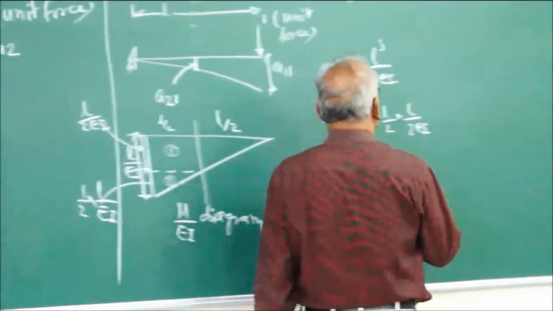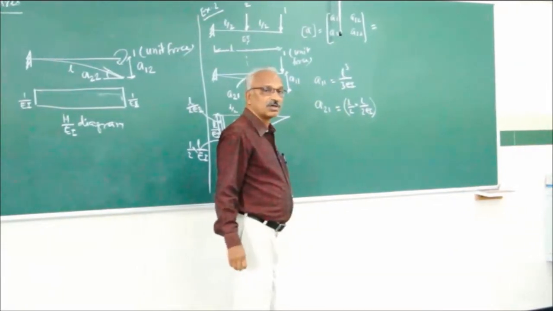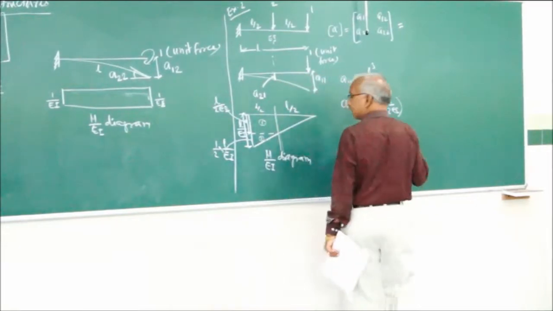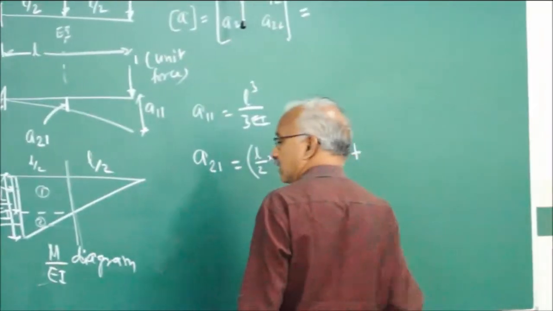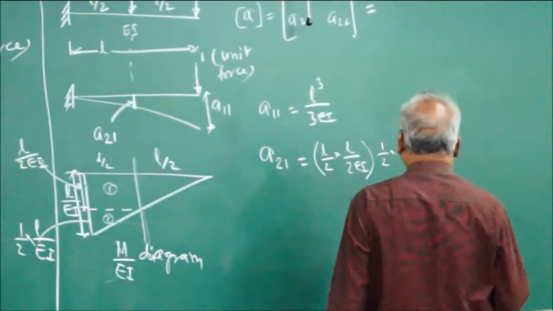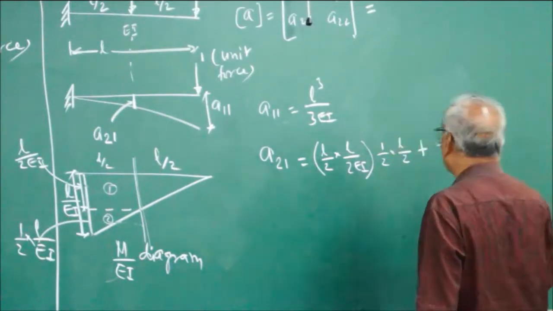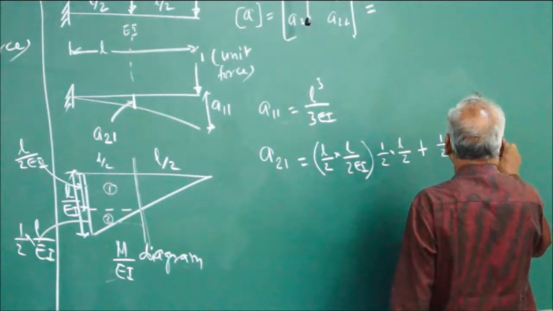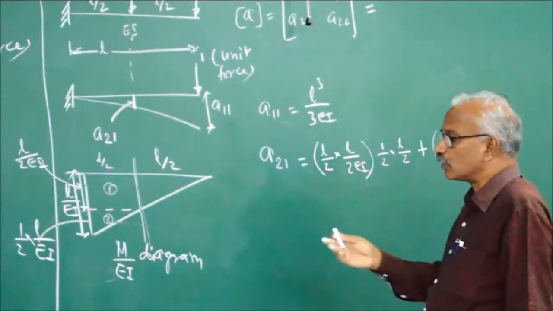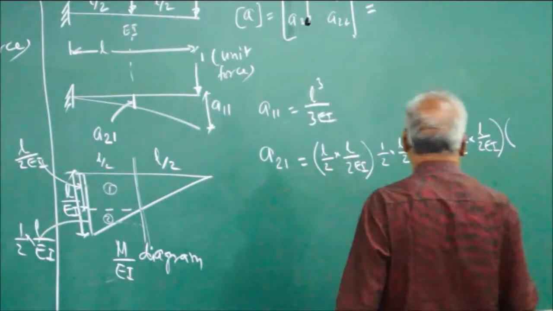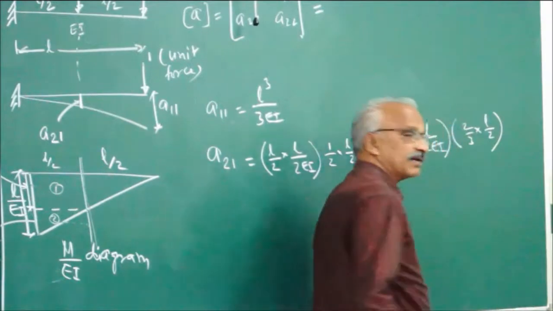Area of the rectangle is L by 2 into L by 2EI, into half of L, plus for the triangle, it is half into L by 2 into L by 2EI, into two-thirds of L by 2 for the moment of area.